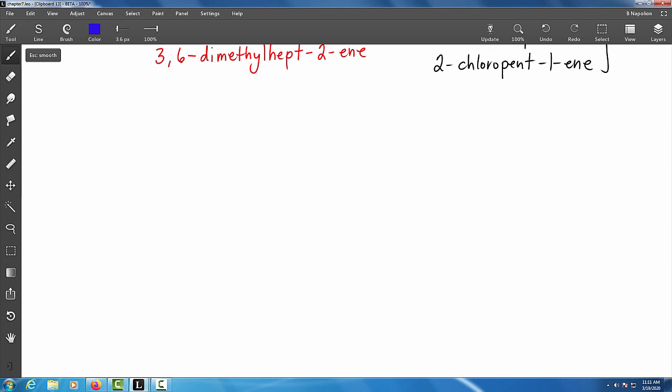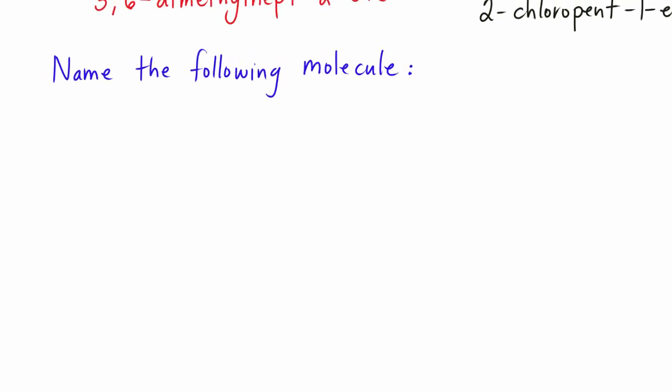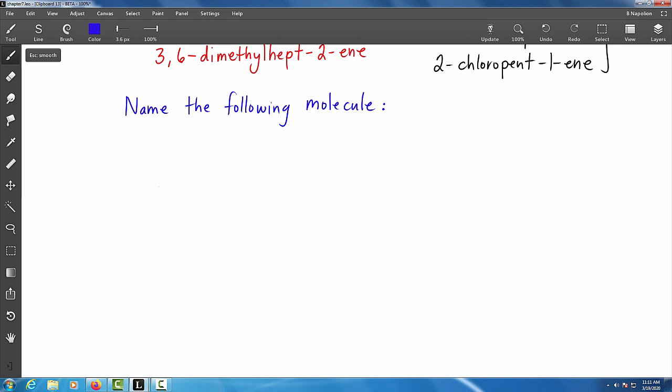So let's say we want to name the following molecule. Let's see, can I make up 1, 2, 3, 4, 5, 6, 7, 8. Double bond there, here, and there.